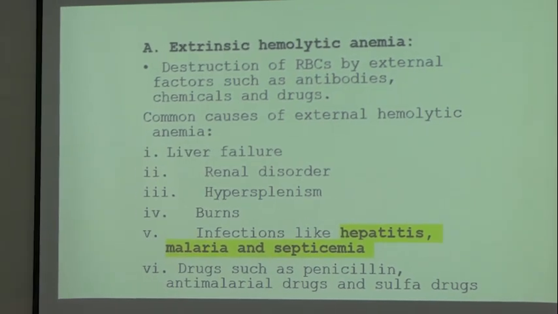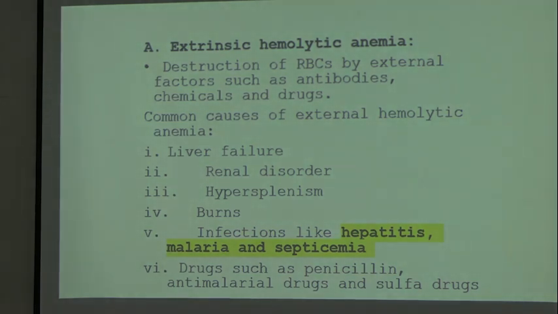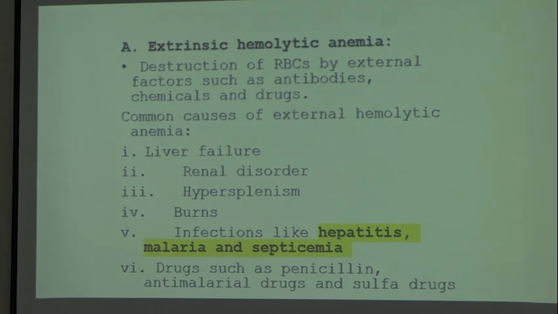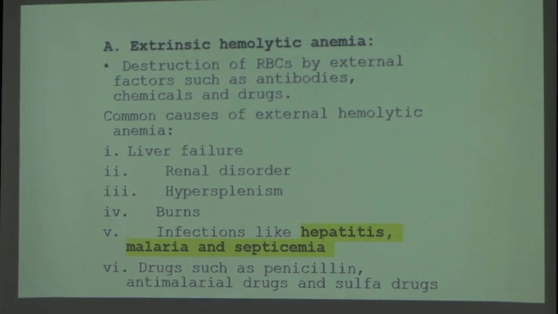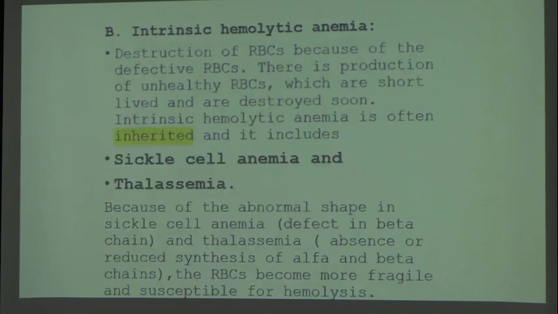Common diseases: hemolytic anemia, liver failure, renal disorder, hypersplenism, meaning hyperactivity of the spleen, and burns, infections like hepatitis, malaria, which is common, septicemia, and some drugs used for malaria treatment, penicillin, sulfur drugs. These may act as external factors and damage the RBCs.